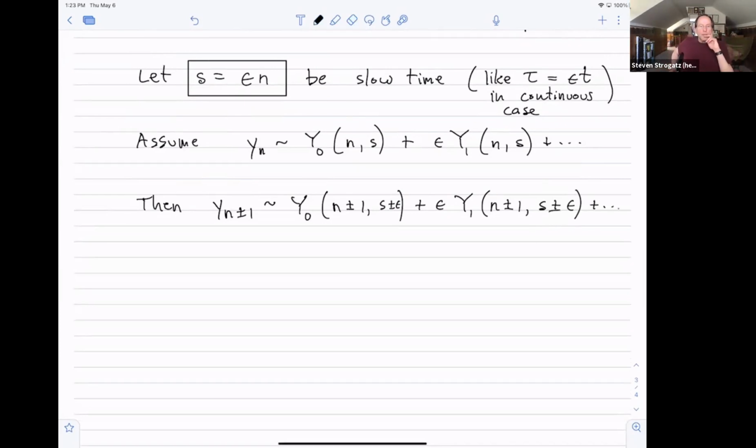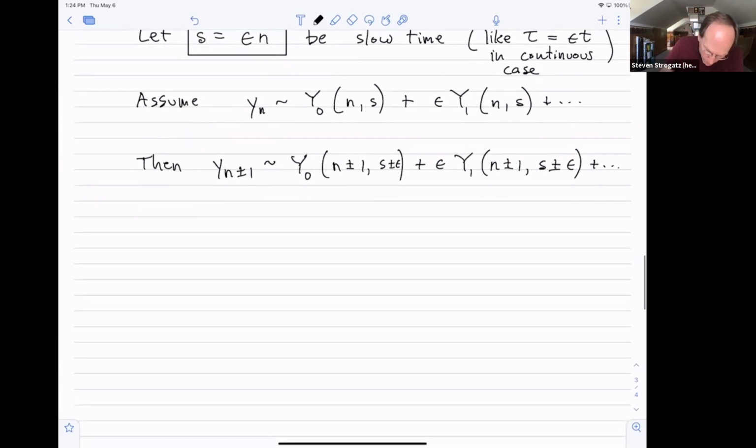Now, what we want is to compare that to what's happening at time n. I don't want the s to be changing. It'd be good if, when things are happening on the fast time scale, it's almost like they're not changing at all on the slow time scale. So this is sort of incorporating the idea that we want to treat s and n as independently as possible.